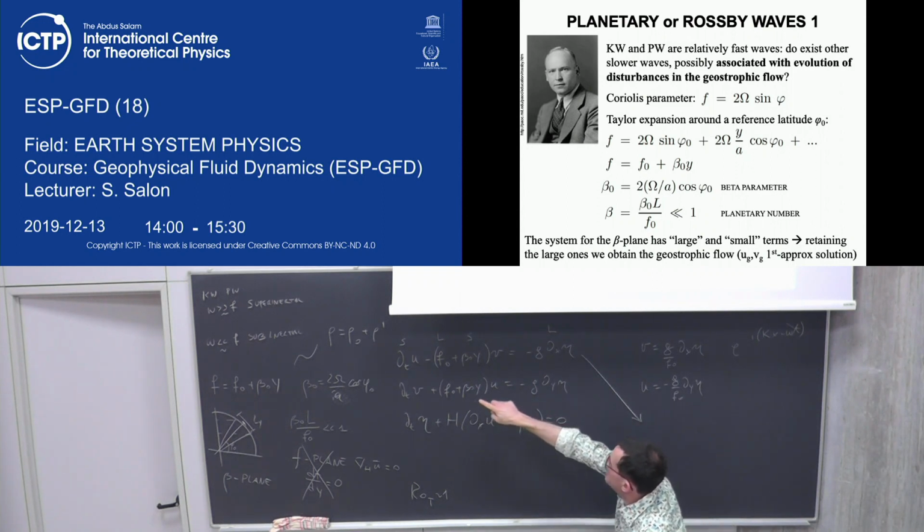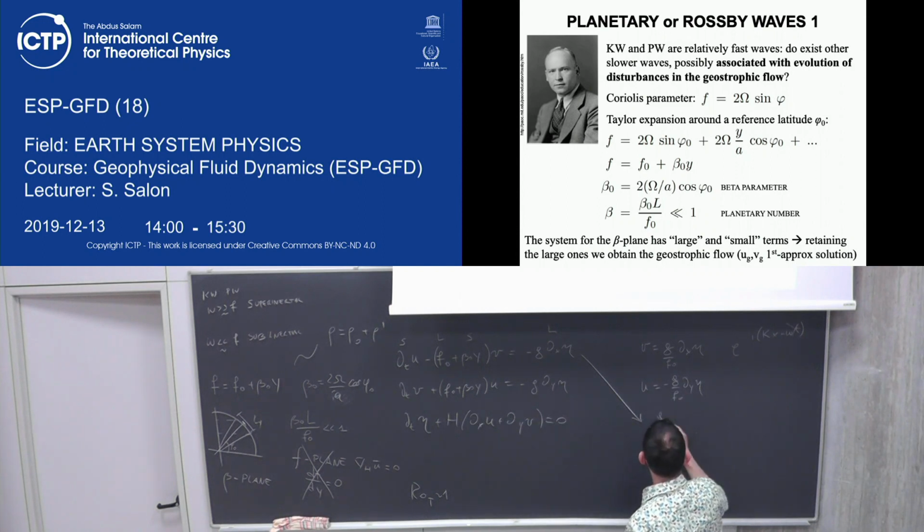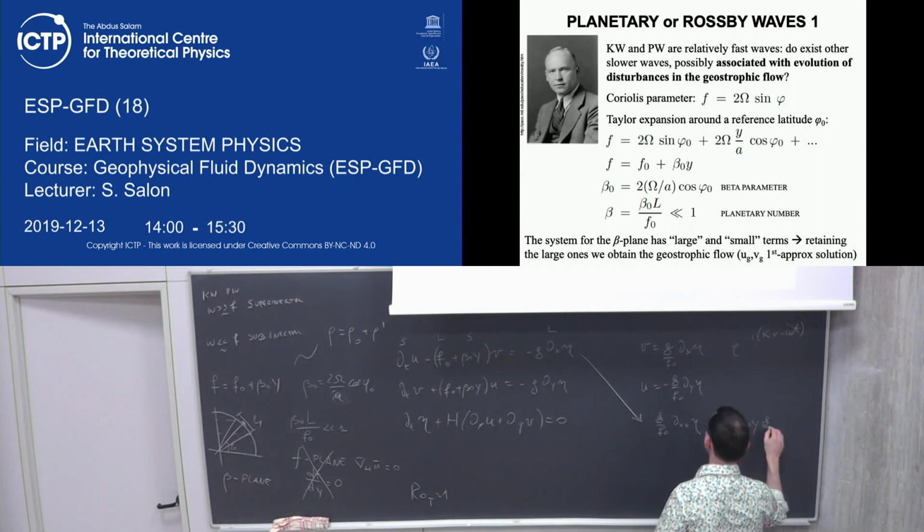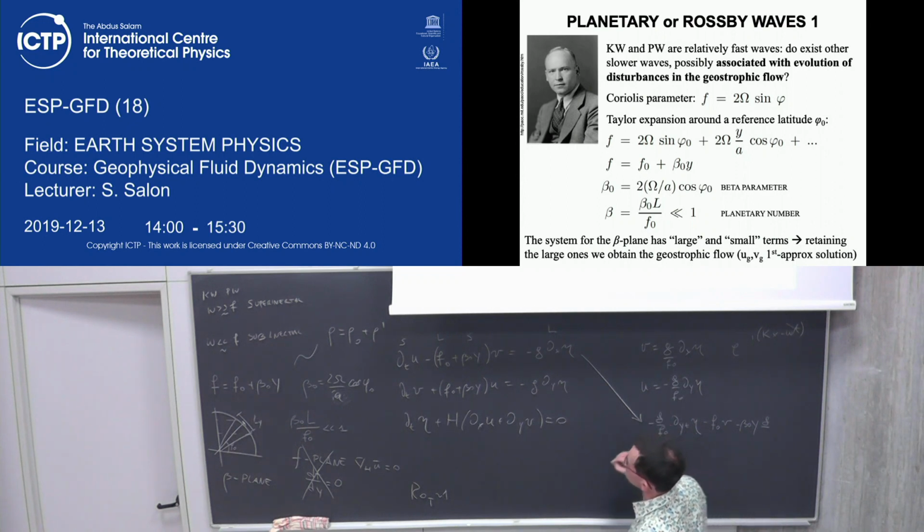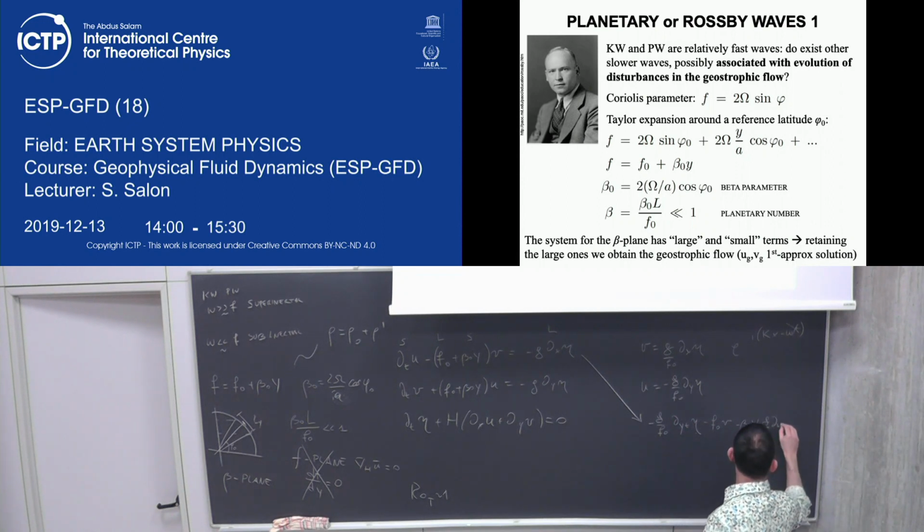We have a variation in time, so we have g over f0 dxt eta minus f0 V minus beta 0 y multiplied by V. Sorry, this is minus, so this is U, minus g over f0 dx eta equal to minus g dx eta.